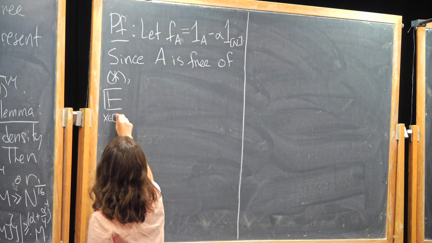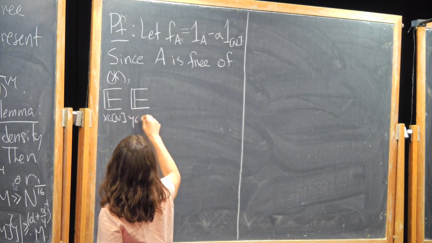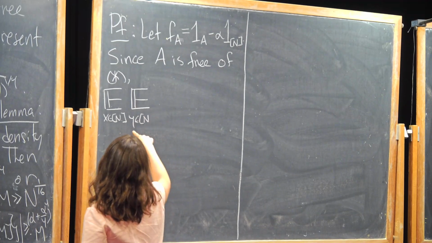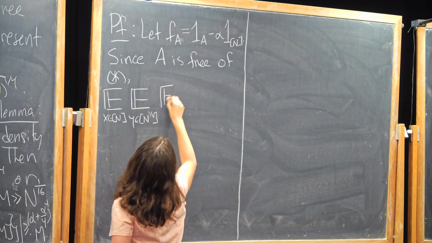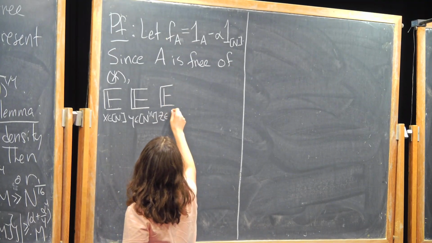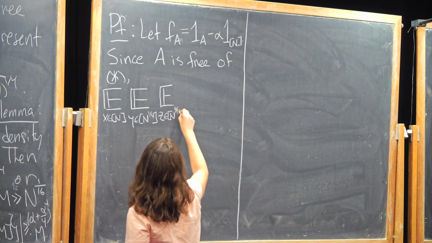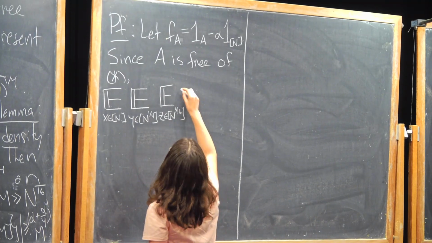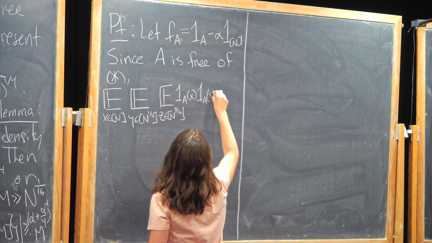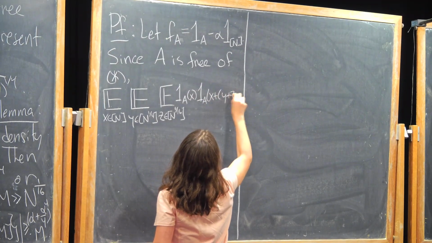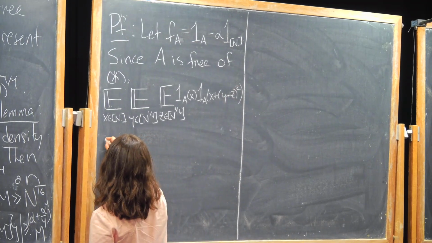The average over x in the first n integers, the average over y of size up to n to the 1/4, the average over z, integers up to n to the 1 over 16, of indicator function of A at x, indicator function of A at x plus y plus z squared, then this is 0.